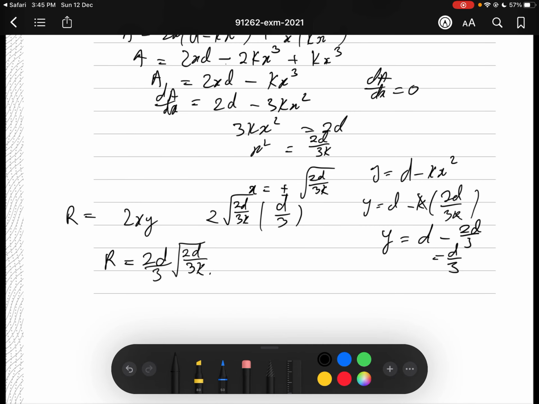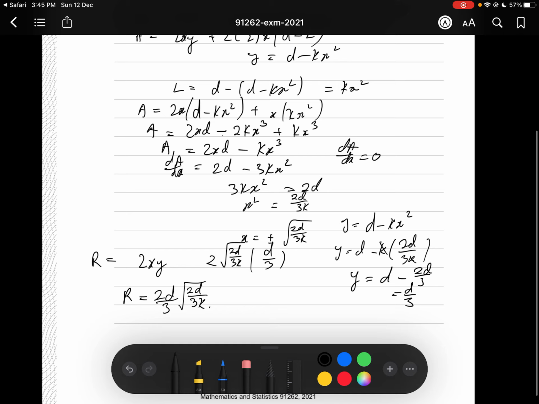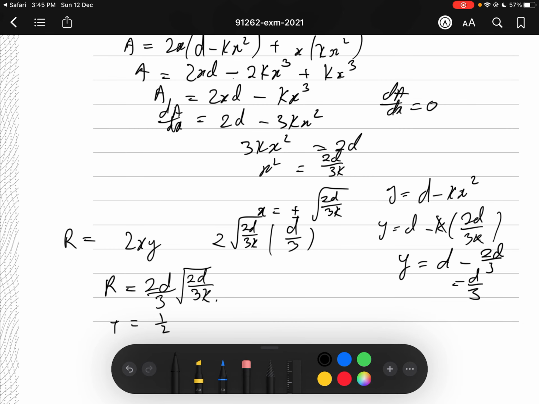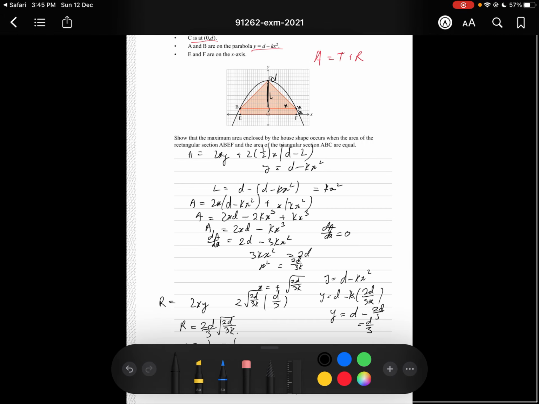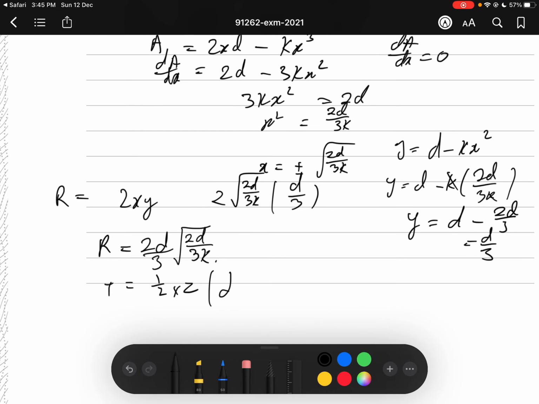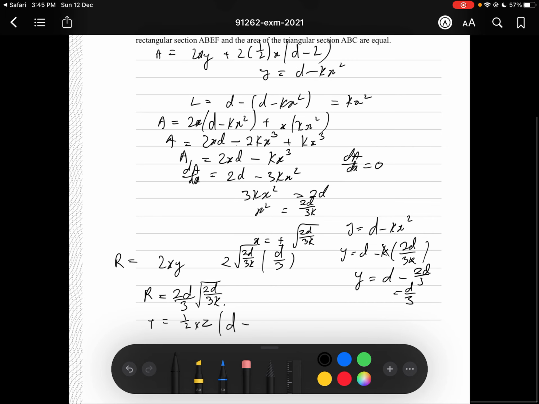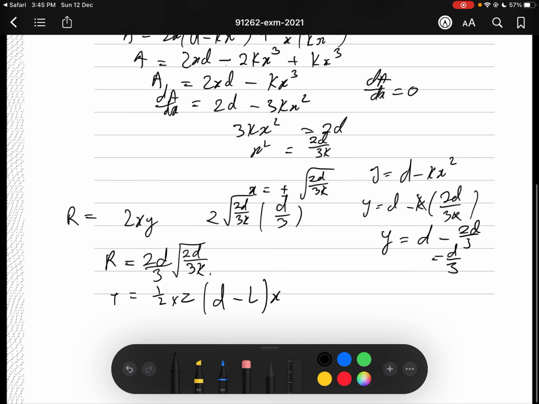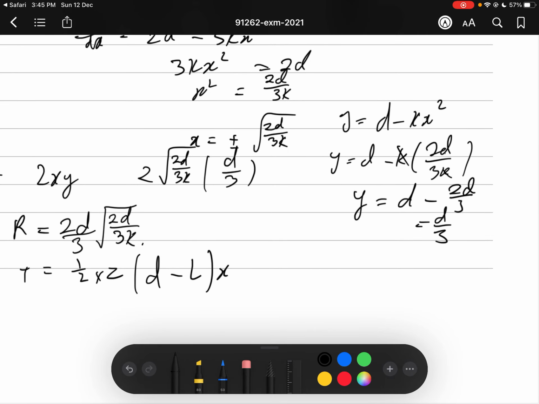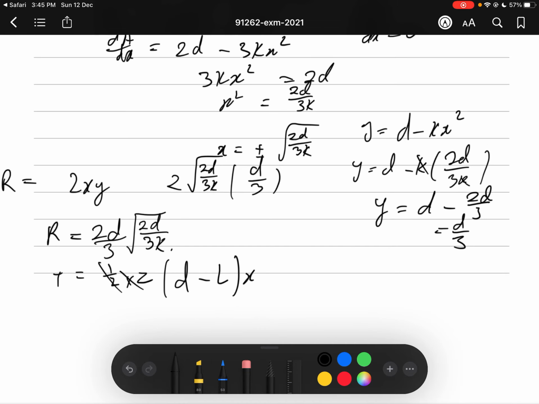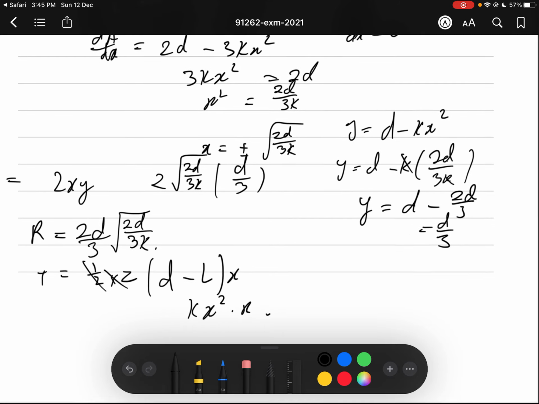Similarly, we can look at the two triangles. The triangle area was 1/2 times 2 times (d minus L) times x. So 1/2 and 2 will cancel each other out, and then we'll have d minus L, which in this case was kx squared, times x.